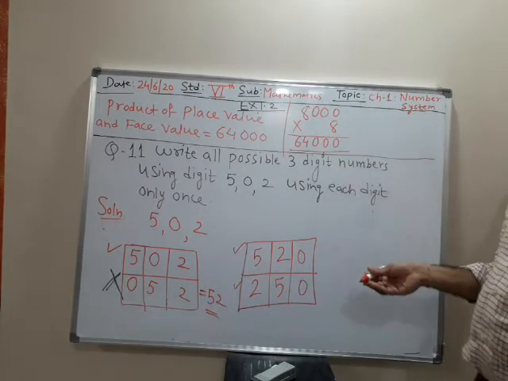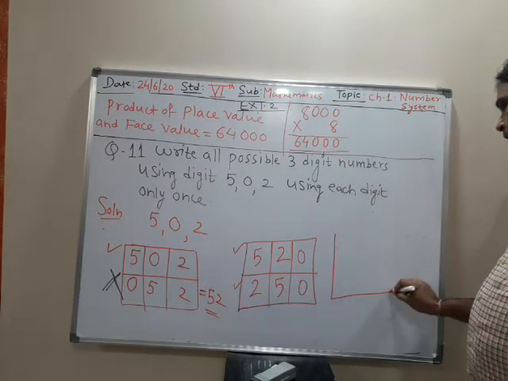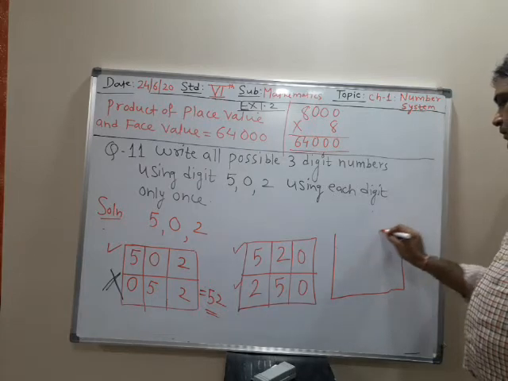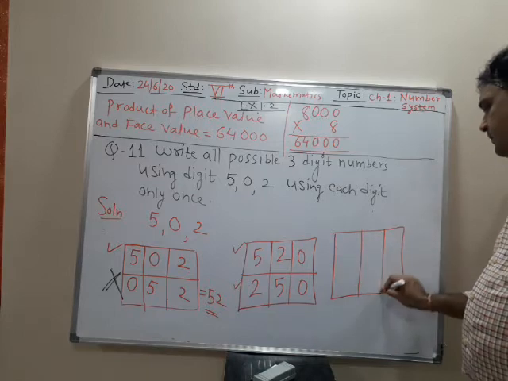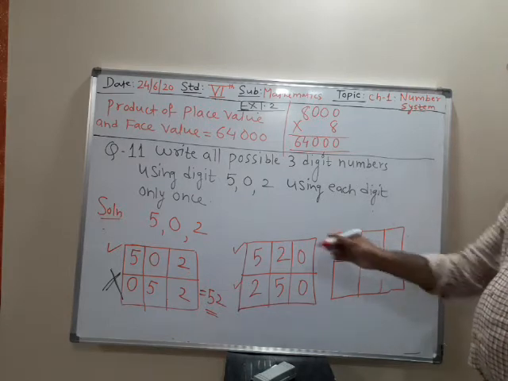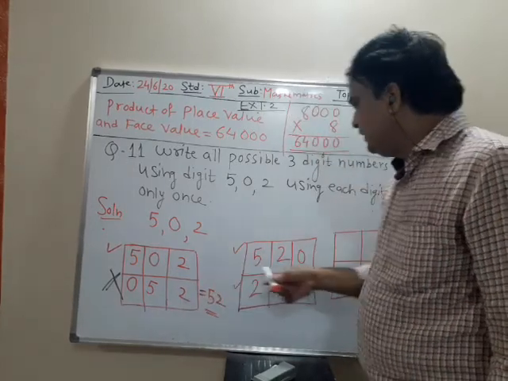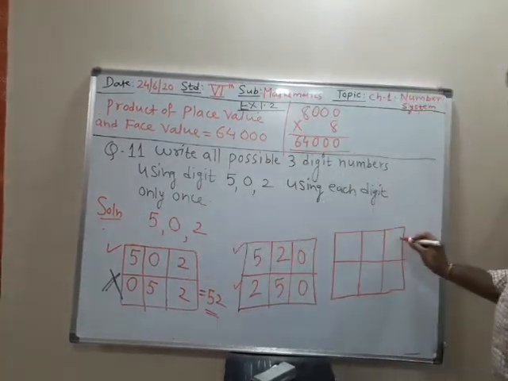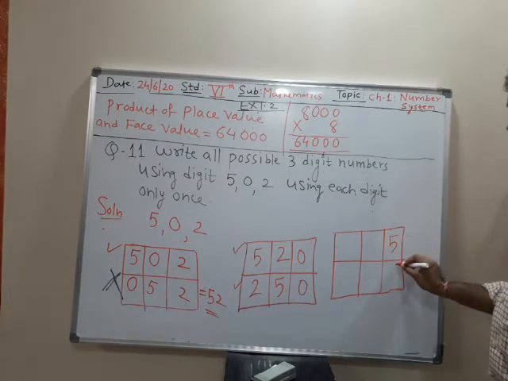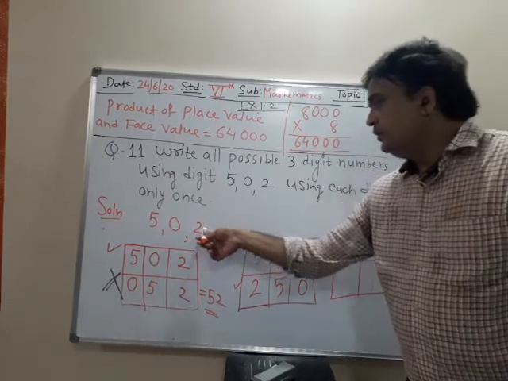Let us take another one. Which number first? 5 in the ones place. Now which digits are left? 0 and 2.